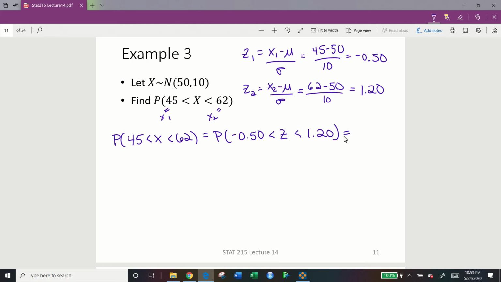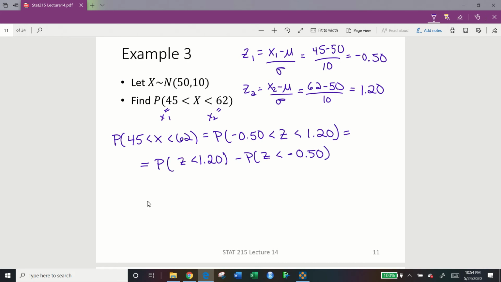And if you recall from our previous classes, when we are trying to find the probability between two values, we change this to be the probability of z less than 1.2 minus the probability of z less than negative 0.50.